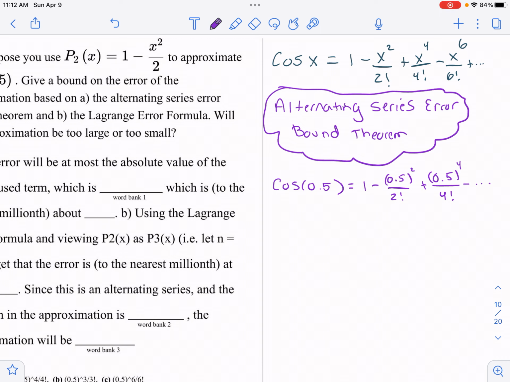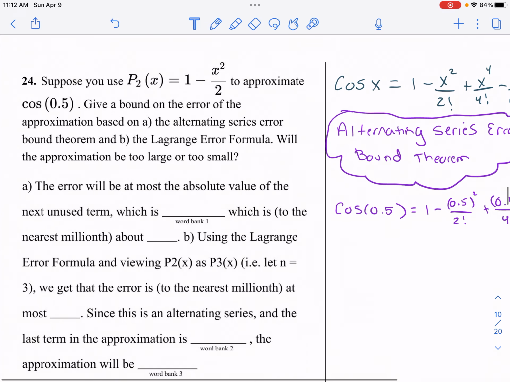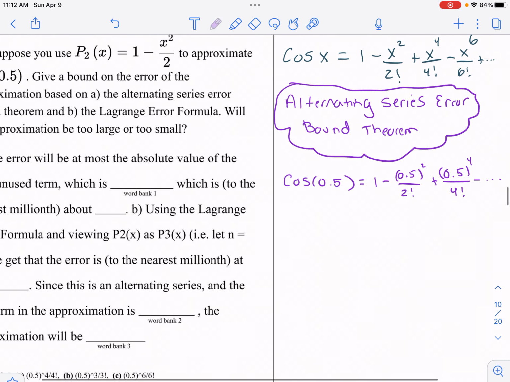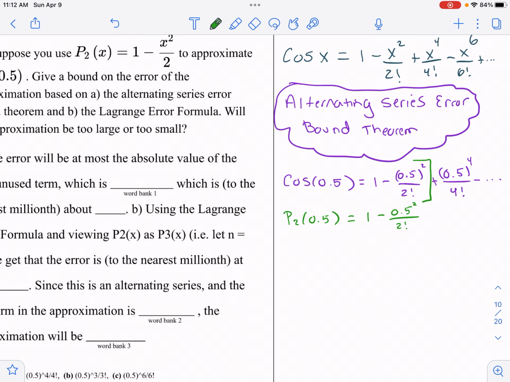And what they're asking up here is, let's say you wanted to use the second partial sum, or the second degree polynomial. So that would just be this, right? So the question is, if you're going to do this, how far off are you? How far off is this from actually the true value of cosine of 0.5? And the error test is really easy.